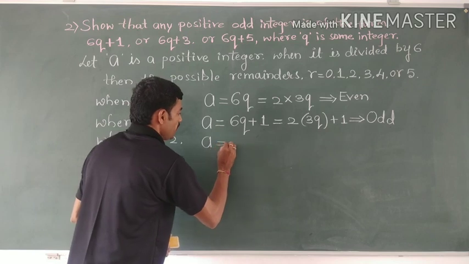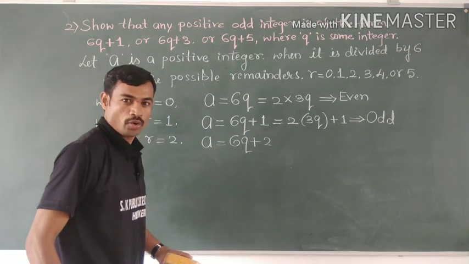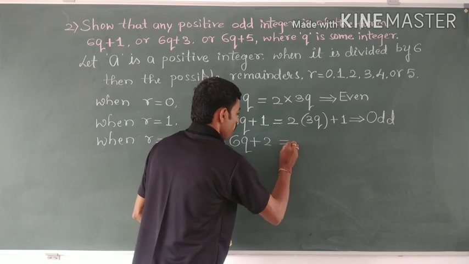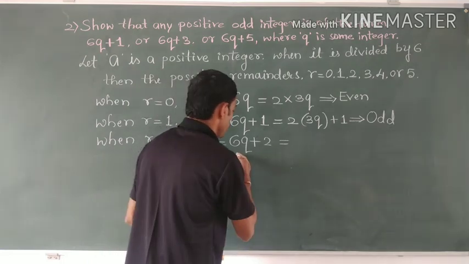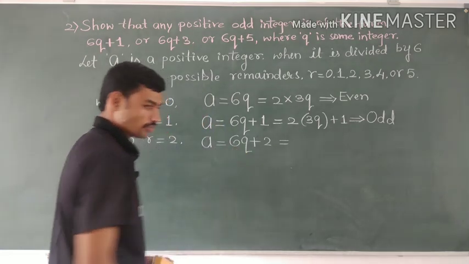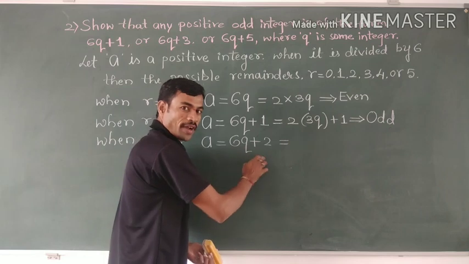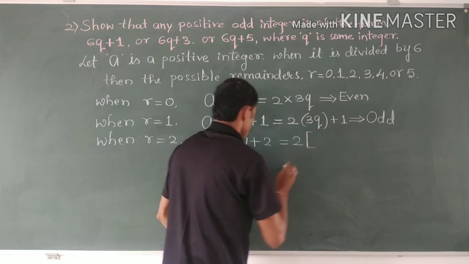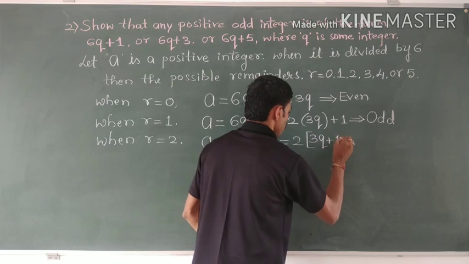Next, when r equals 2, a can be written as 6q plus 2. In both terms the common factor is 2, so it is 2 times (3q plus 1).